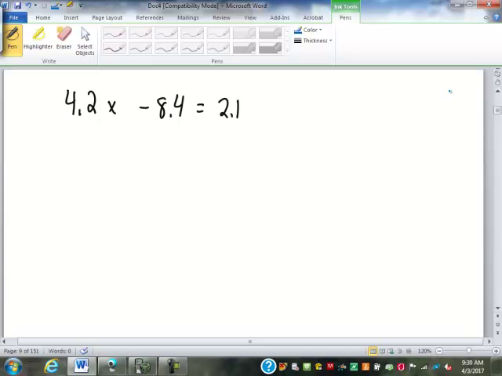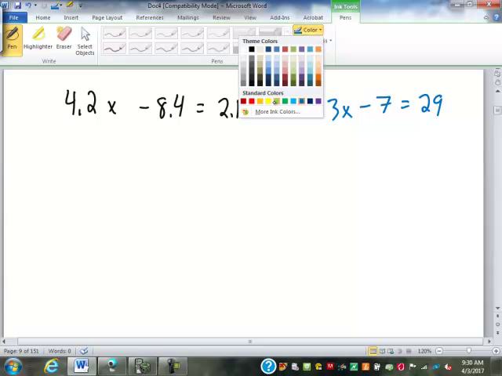When we look at an equation like this, just like when we had fractions in our equations, they look more complicated because of the decimals being in there. But this is really no different than an equation like this.